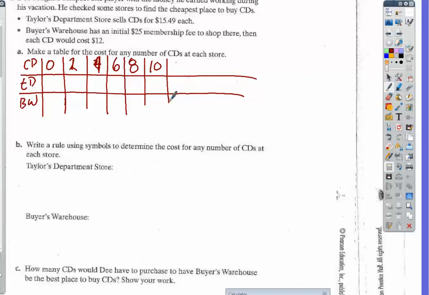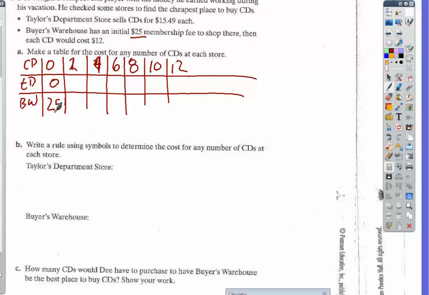Because I notice that the department store costs more for each CD, but I don't have a membership charge, right? So if I buy 0 CDs at Taylor's department store, I spend $0. But at Buyer's Warehouse for 0 CDs, I had to pay $25 just to get in the door.